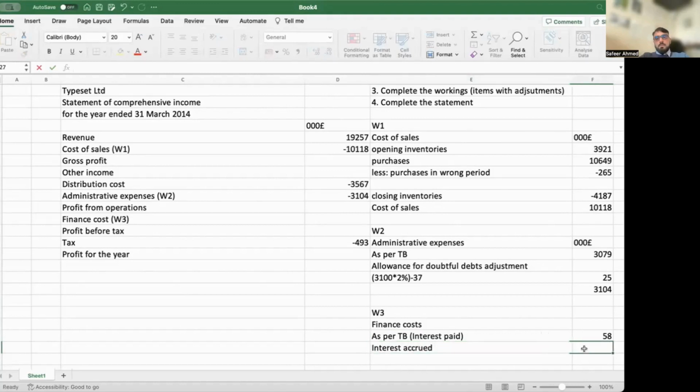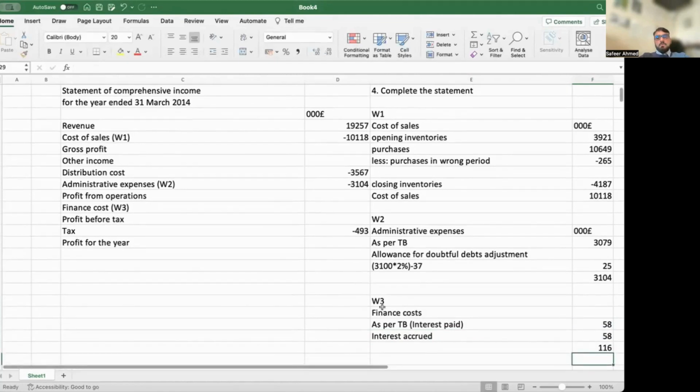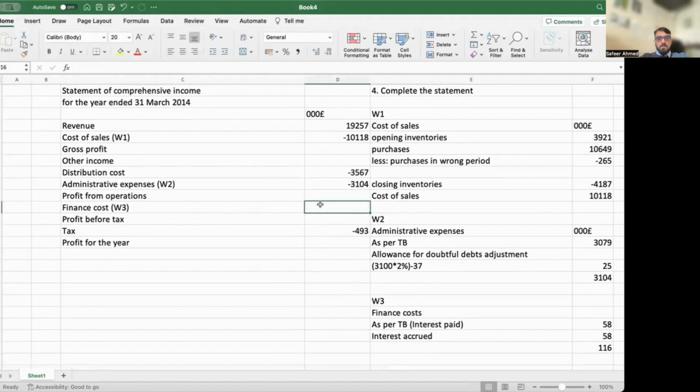It was due, but it has not been paid. So in total, the annual finance cost will be, if you add those two together, 116. So now we have completed step 3, which is the workings and the items with the adjustment.